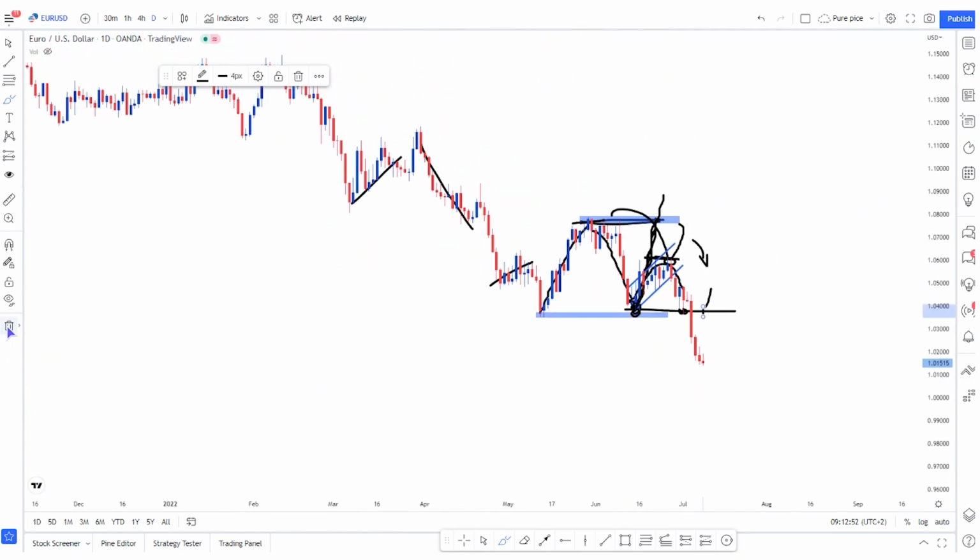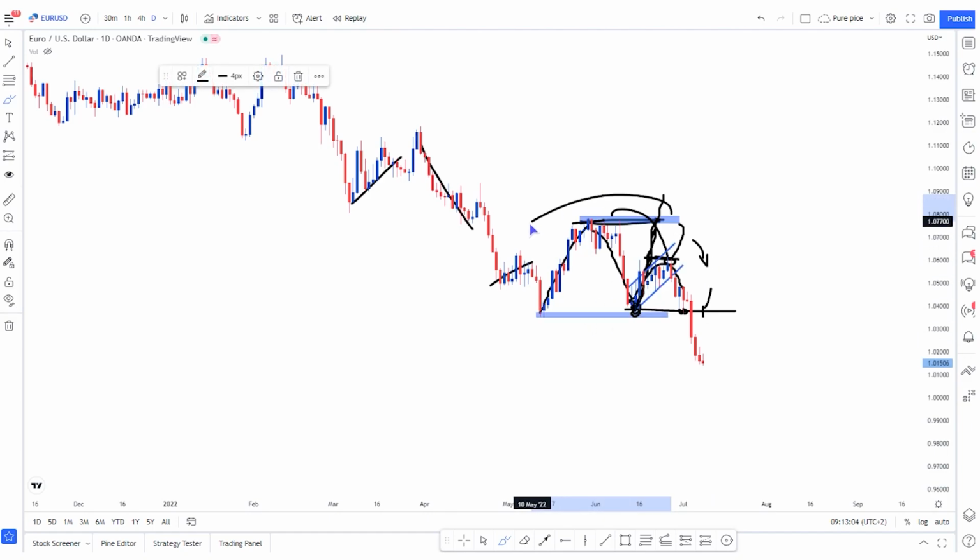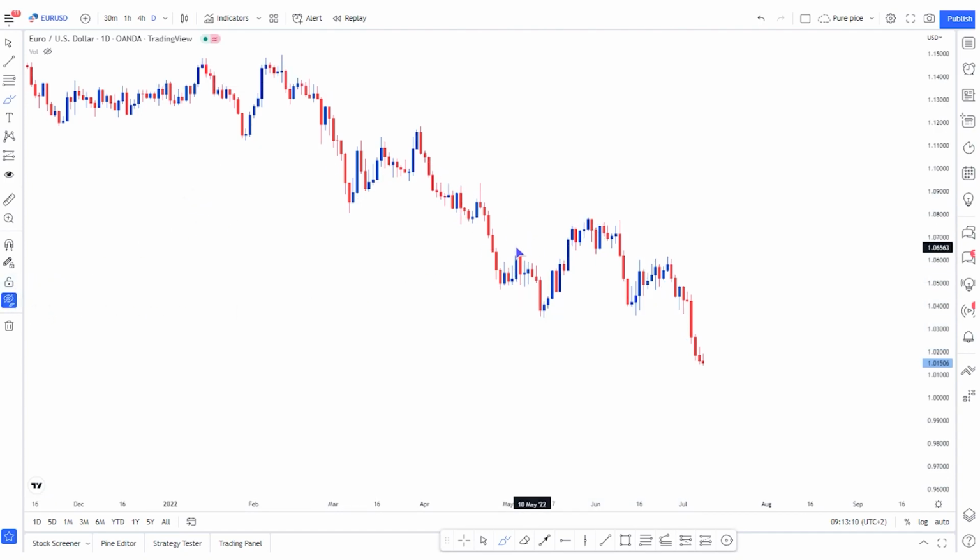If you can see here, let me hide my drawings. So if I hide my drawings, you can see what happened here. There is nothing at all. It's just a normal trend, but because we're looking at it in a smaller picture, this really caught our attention. So what I can say as a trader, keep this in mind, is that an impulsive wave will always have some areas where it struggles, but it doesn't necessarily mean that it is reversing.